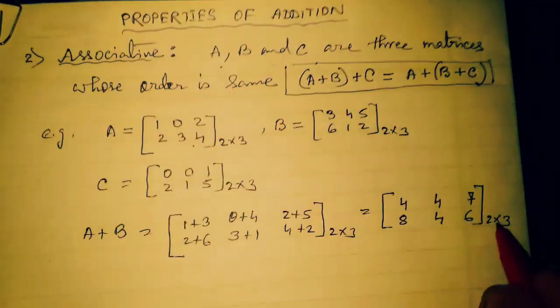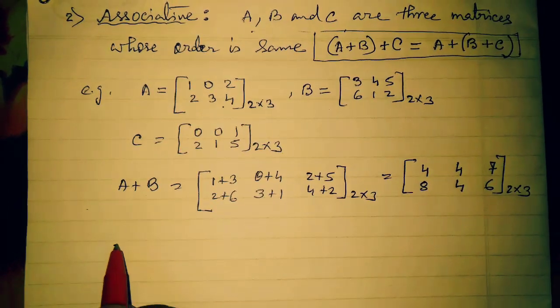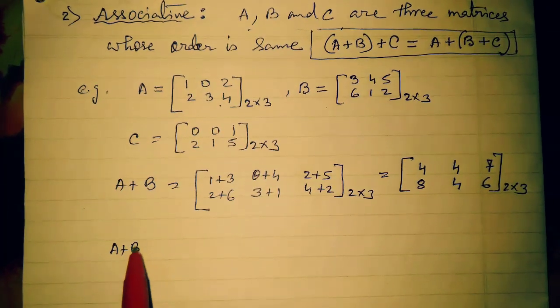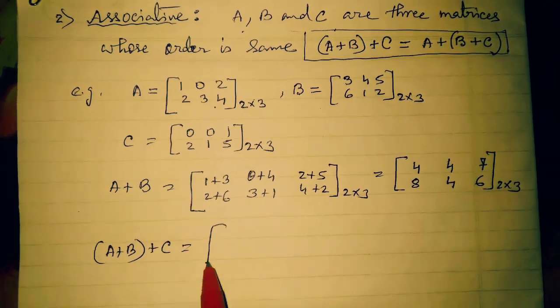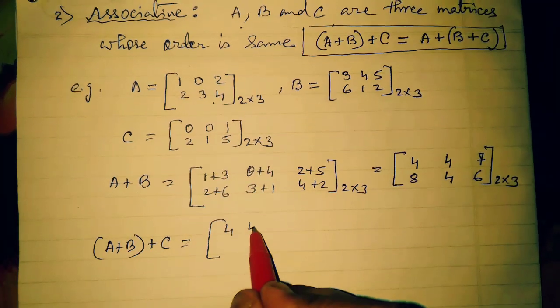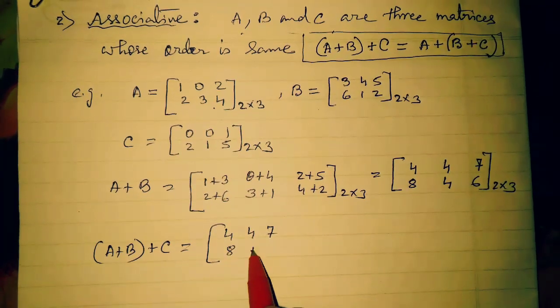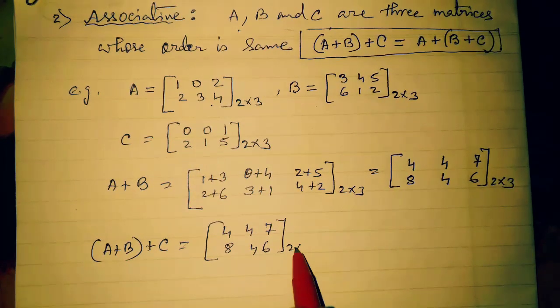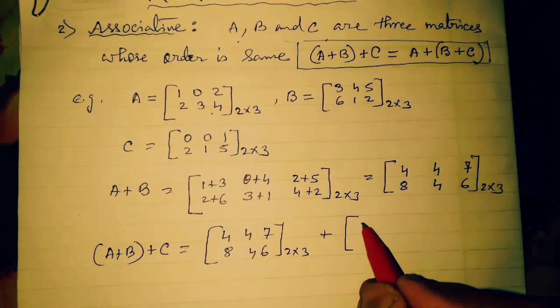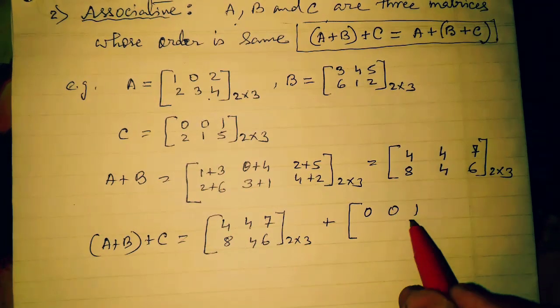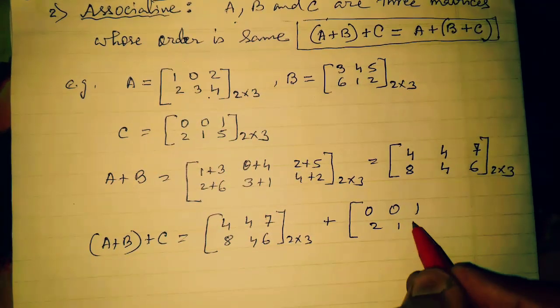Whatever result comes from A plus B will be added with C. A plus B is 4 4 7 8 4 6, added with C, which is 0 0 1 2 1 and 5.